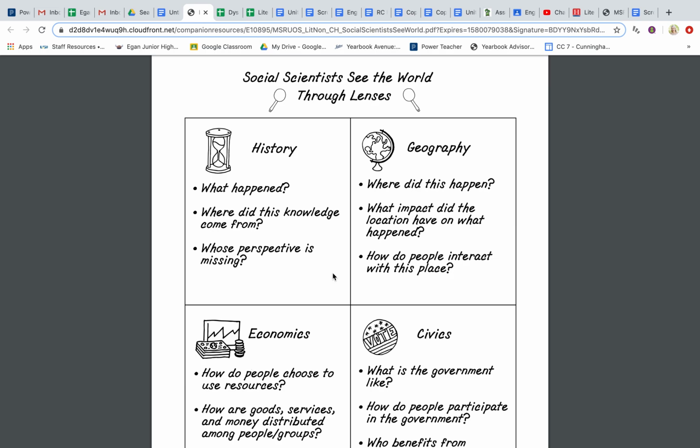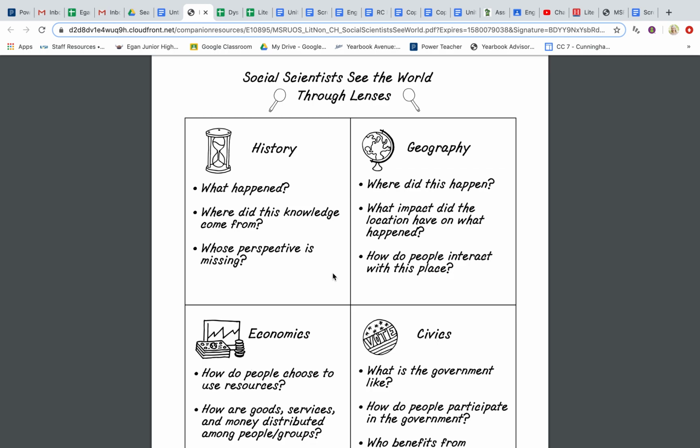So there's the history one. When you're doing this kind of work with your literary nonfiction, you're not going to do it with the whole book, but I would choose a pivotal scene or a pivotal moment in your book and say, okay, I need to really think about what's happening historically. What's happened here? Where did this knowledge come from? Where do I have background knowledge on this?